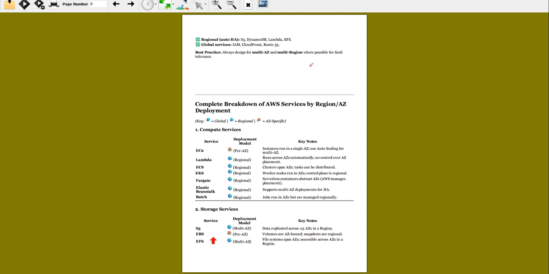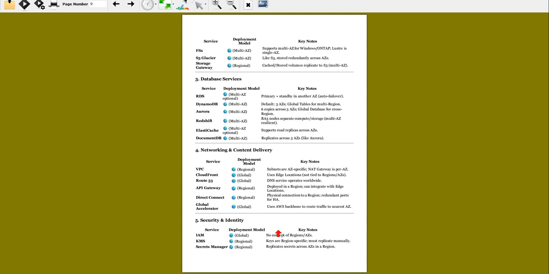EBS, Elastic Block Store, is per availability zone; volumes are availability zone bound, while snapshots are regional. You can create a snapshot and restore it to a different availability zone. EFS, Elastic File System, is multi-availability zone: the file system spans availability zones and is accessible across availability zones in a region, right?